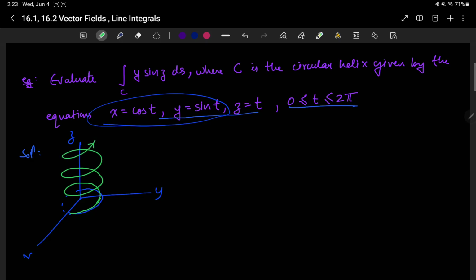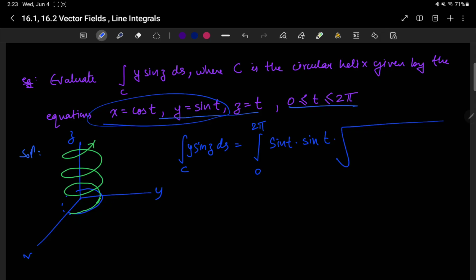So the parameterization in this case is given to us, and all we have to do is plug in the values. The integral of y sine z ds over c becomes, for 1 full turn of the helix, 0 to 2 pi. y is sine t, and you have sine z, which is also sine t, and then you have the square root.